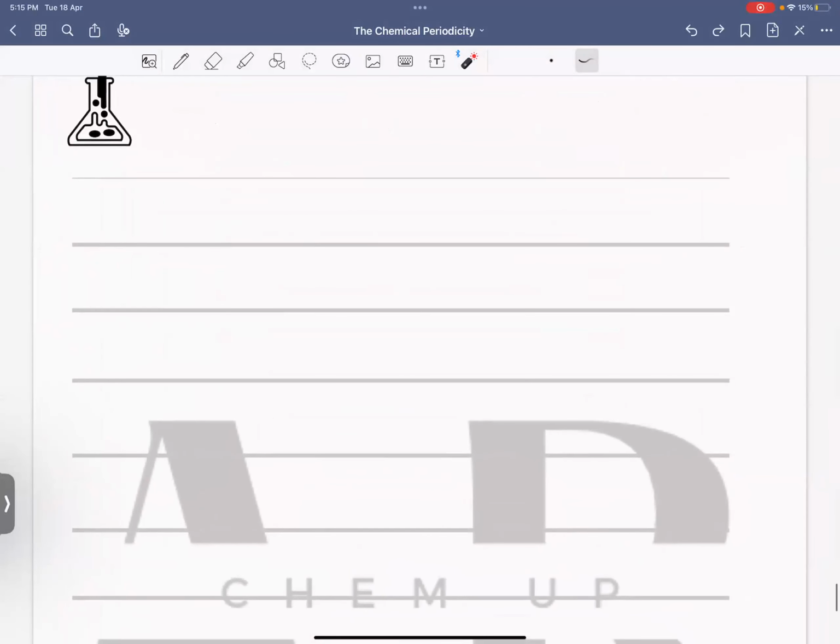Okay. Then next we have electrical conductivity.